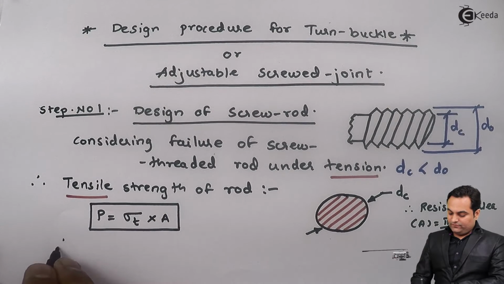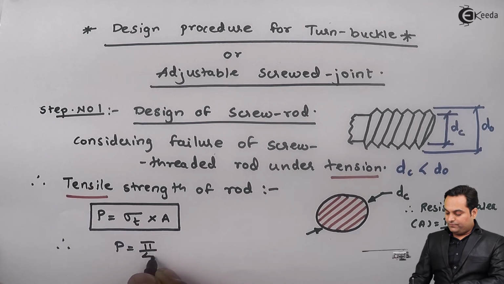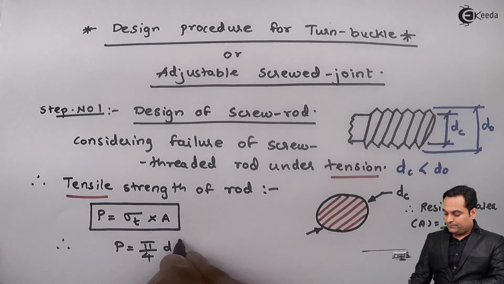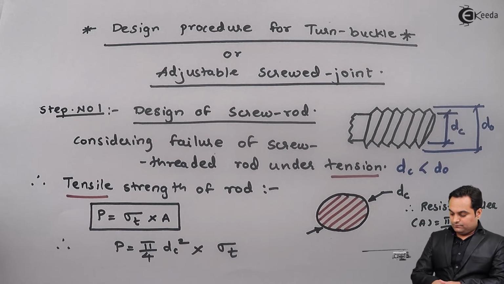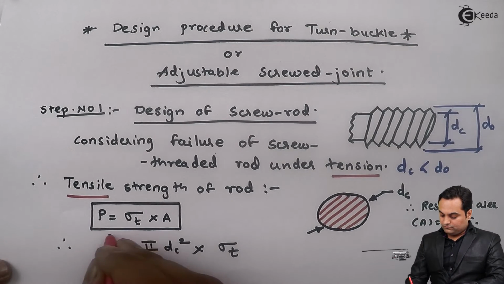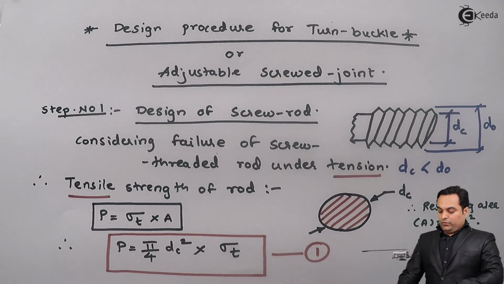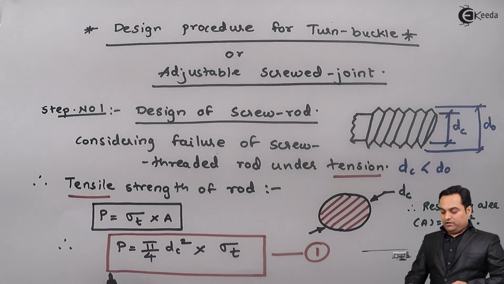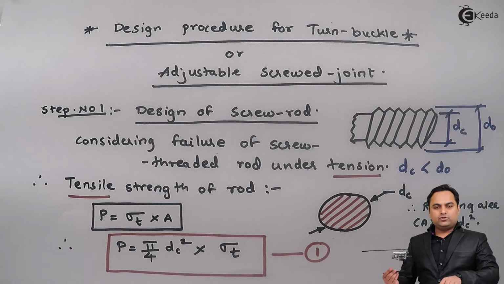So therefore P is equal to pi by 4 DC square multiplied by sigma t. So this is equation number 1. Now from equation number 1, if we know the value of load and sigma t, the tensile stress, we can easily calculate the core diameter for this screw.